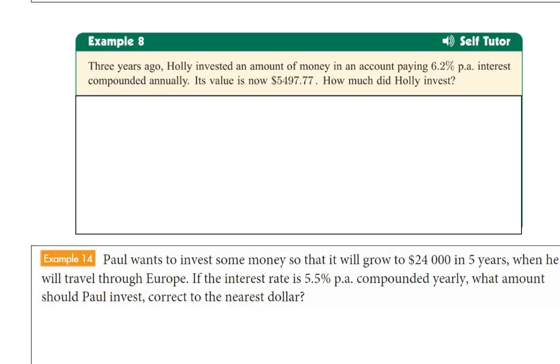Okay. Holly's investing an amount of money in an account, paying 6.2% per annum. Its value is $5,497.77. How much did she invest? Okay, now there's a lot of questions like this that we can do with our calculator. This one we can do easily by hand.